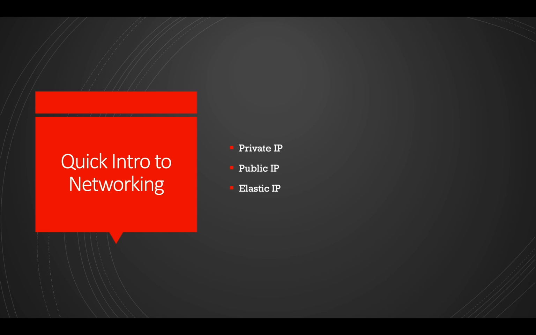So, a quick intro to networking. It's nothing really deep. To be honest, I'm probably not even qualified to give a better lecture than anybody else who's an expert in their field on this. But these are what you see on these slides: private IP, public IP, and elastic IP.